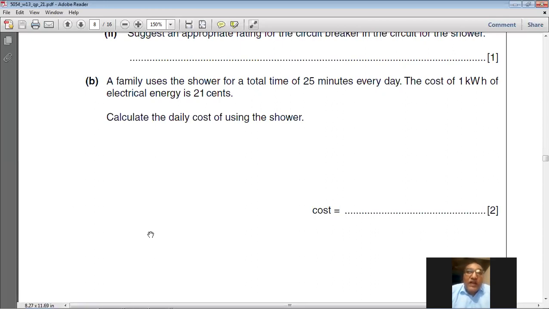In this formula, the power should be in kilowatts and the time in hours, and the price is already given. The power is already in kilowatts. The time is 25 minutes, so you have to divide 25 by 60 to convert it into hours. Then you can put in the formula and do the calculation.